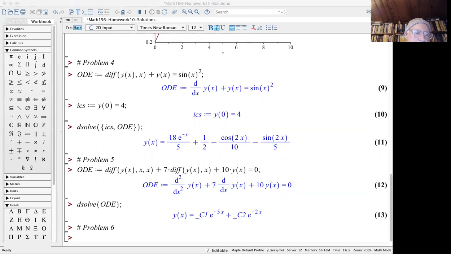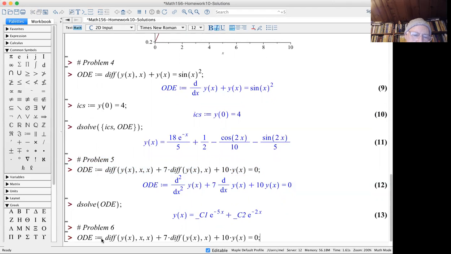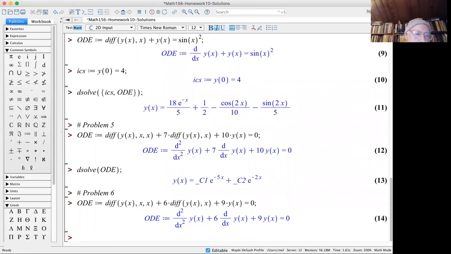Problem 6 is another second order differential equation. In this case, it's y double prime plus 6y prime plus 9y equals 0. And we have an initial condition.